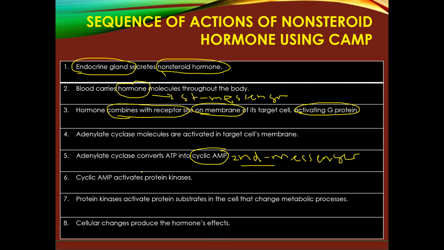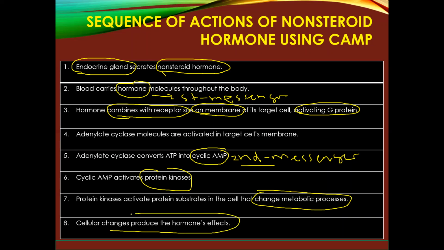And the second messenger will activate the protein kinase. And protein kinase will activate the proteins to change the metabolic process inside the cell. And then the action will change, it produces those effects because of this change in the metabolic process.